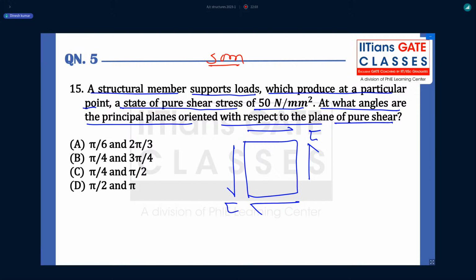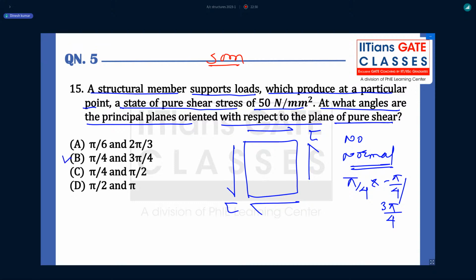You can see there is no normal stress. For pure shear, my principal plane will be oriented at pi by 4 and minus pi by 4. Minus pi by 4 is nothing but 3 pi by 4. So I can say directly my answer is B.